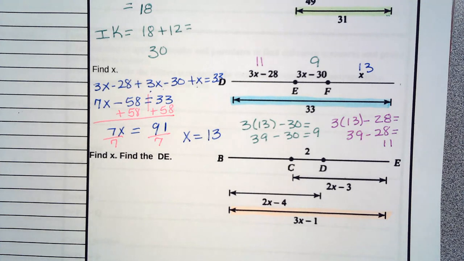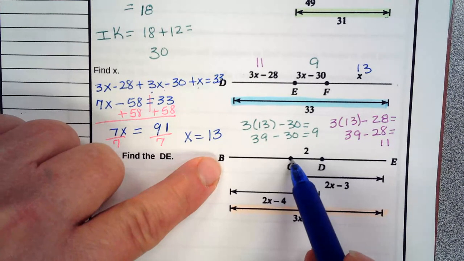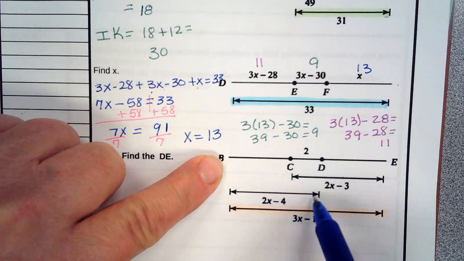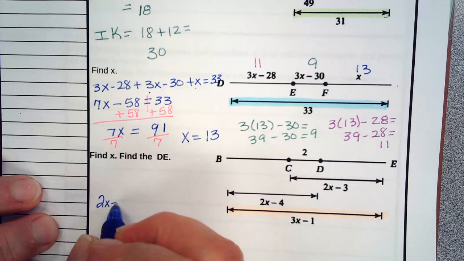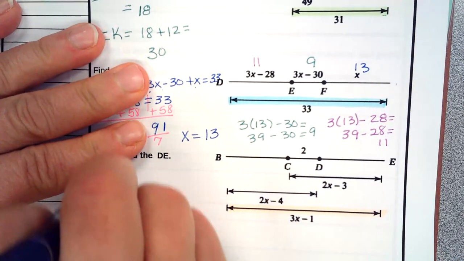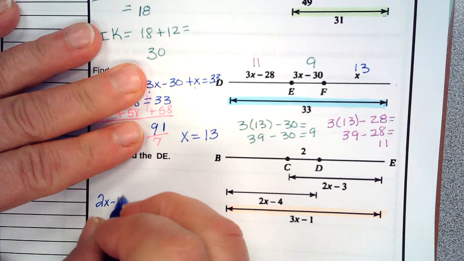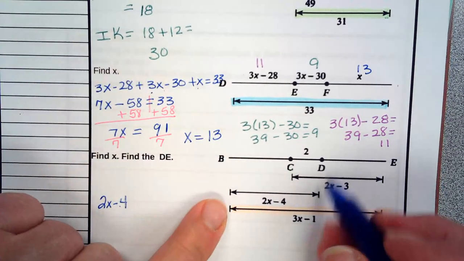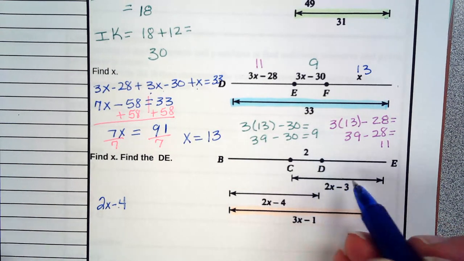Okay, let's see. If I'm looking at this piece here, it would be 2x minus 3. Or minus 4. Okay, this includes that 2-unit piece.